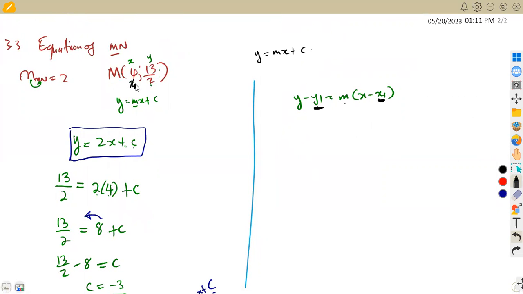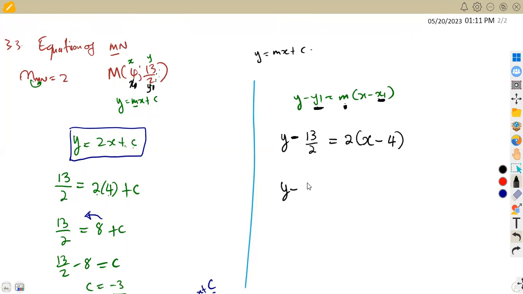In this case, y minus y1, which is 13/2, is equal to m, which is the gradient. Our gradient of the line is 2, so that is 2 into x minus x1, and our x1 is 4. So using this formula, you can actually have the same answer.